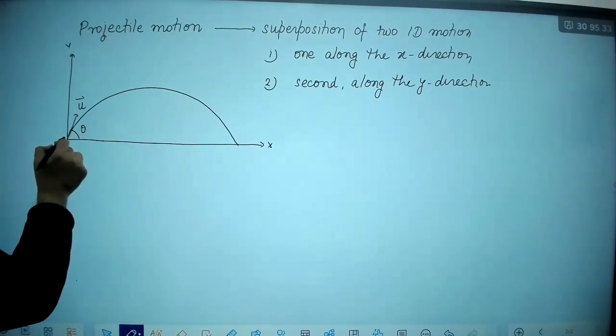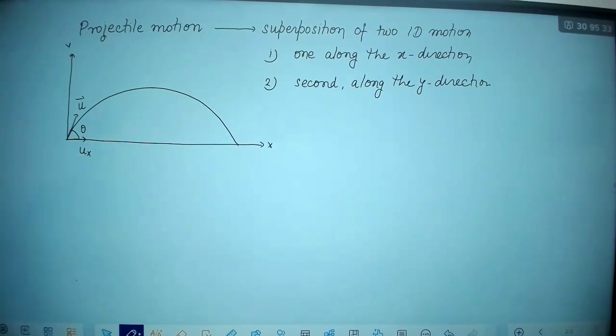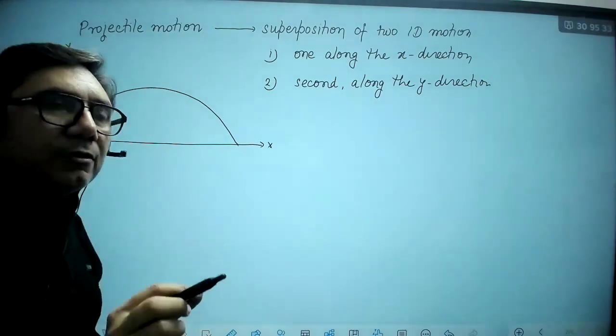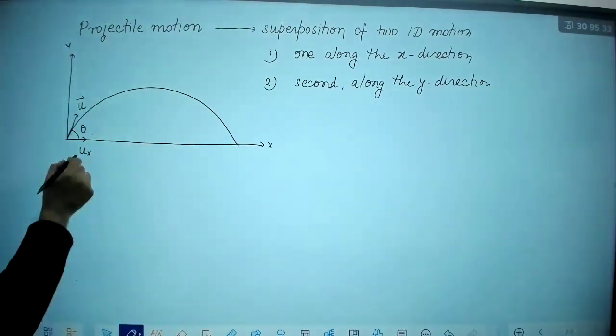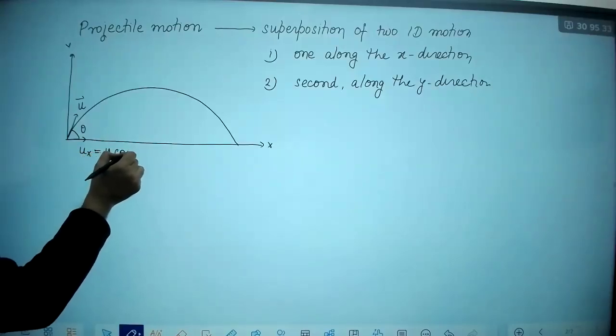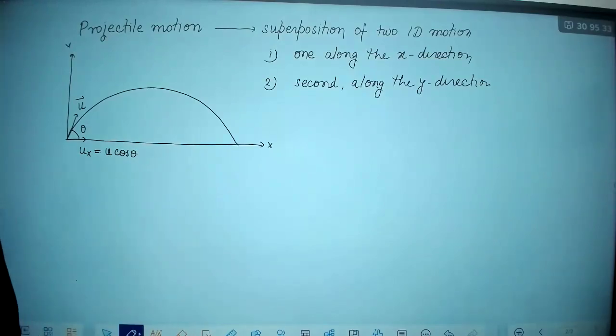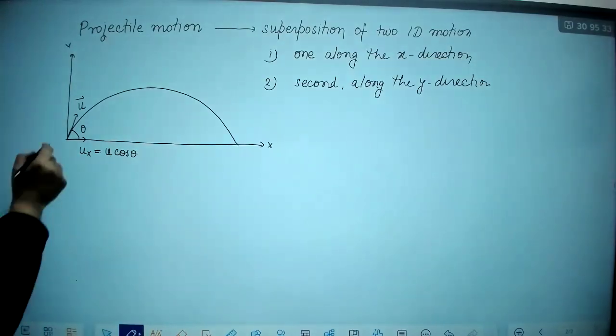Now, the x component of this I will write as Ux initial, the initial velocity in the x direction. It is U cos theta. Theta is called the projection angle.